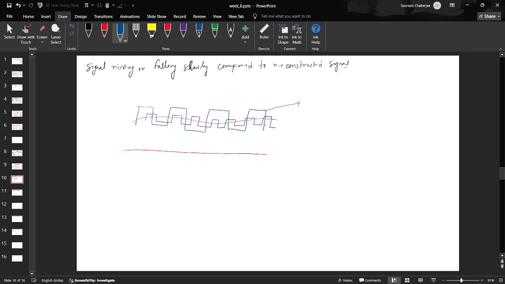The signal is varying slowly, but your reconstructed one is varying kind of widely. That means you're using a large step size, or relatively large step size I should say, in delta modulation. This we have already seen in this example.